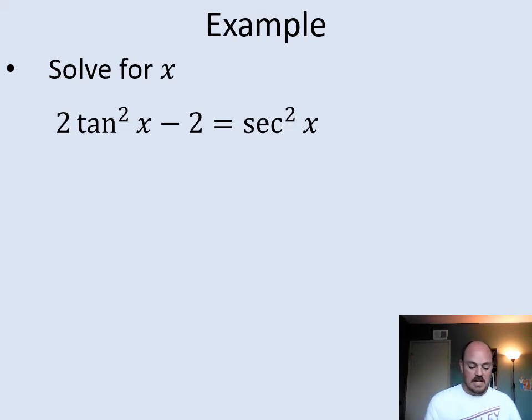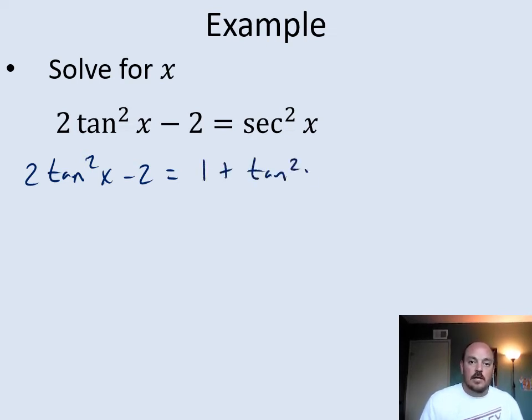Now one of our Pythagorean identities says, and I'm going to recopy the first half of this, 2 tangent squared x minus 2. One of our Pythagorean identities says secant squared x equals 1 plus tangent squared x. And now what we have is the same trig function, which is what we wanted.